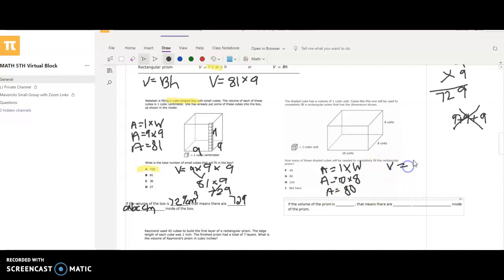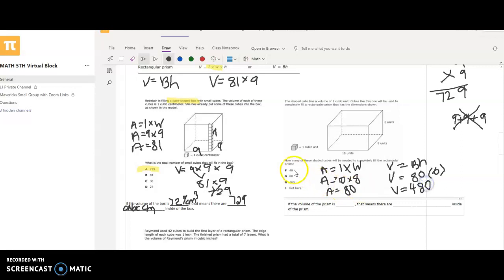Volume is equal to base times height. And in this case, our base is 80. And our height is 6. And what is 80 times 6? Well, I know that 8 times 6 is 48. And then I would need to add a 0 on the end. So that would be 480.